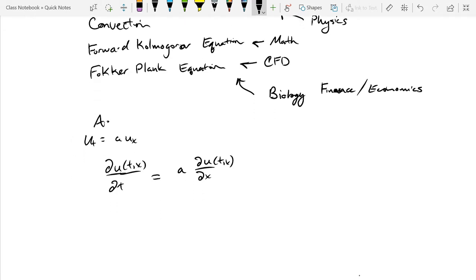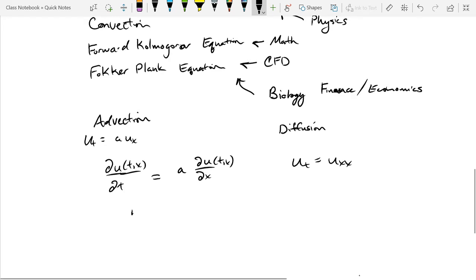So this is advection, and this is diffusion. I'm not even going to try to write that one. So u_t = u_xx. We always put a constant a here for the advection equation because it's really important for the advection equation, and we'll get to that in a sec.